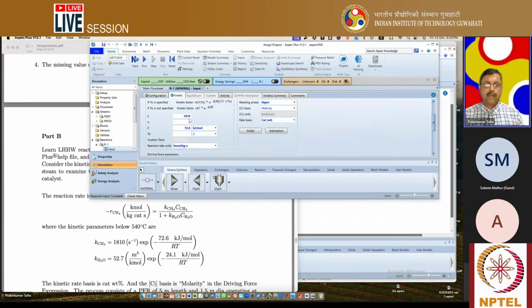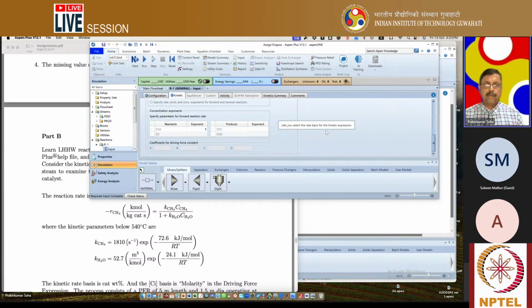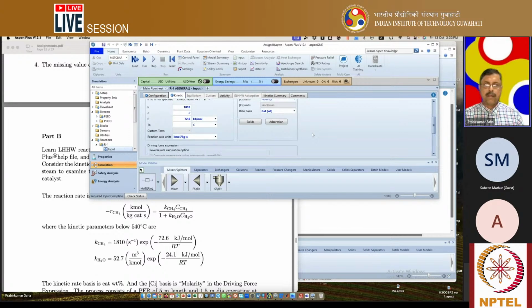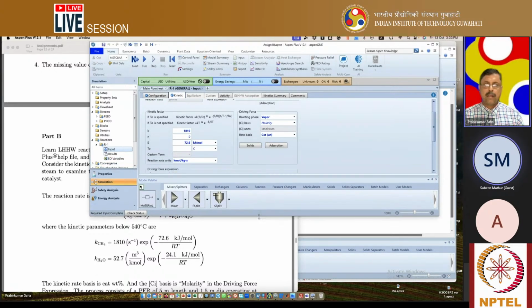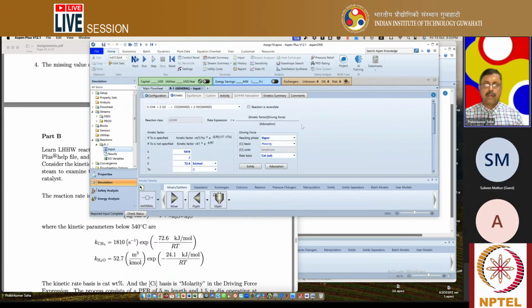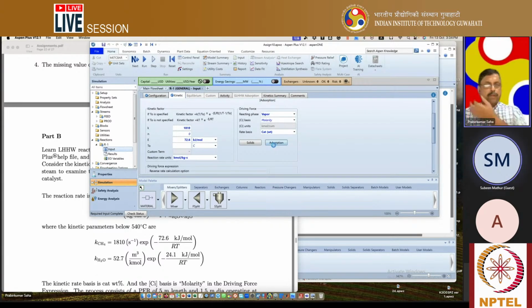Then it is 1810, 72.6, vapor phase, molarity, catalyst. Exponent 1, fine. Okay. And then you go to the adsorption part.